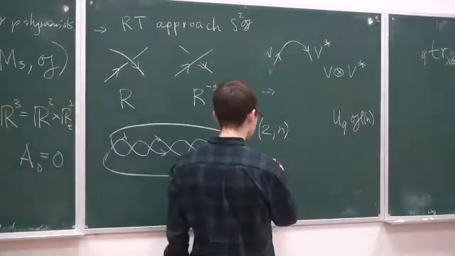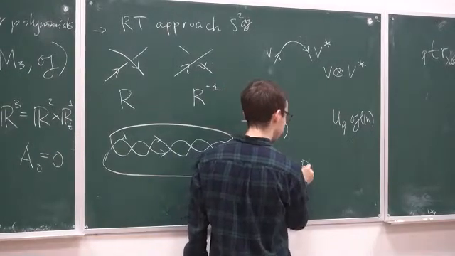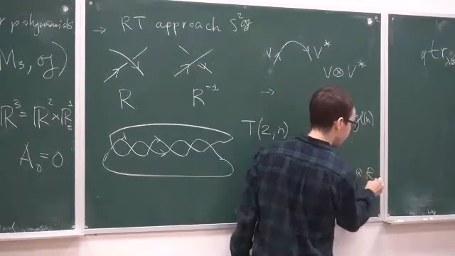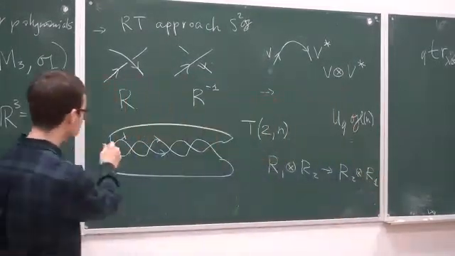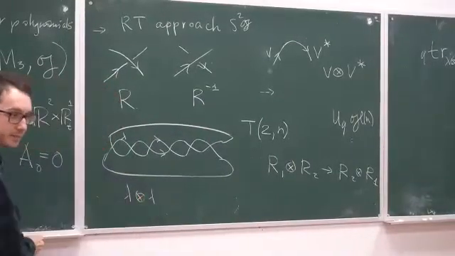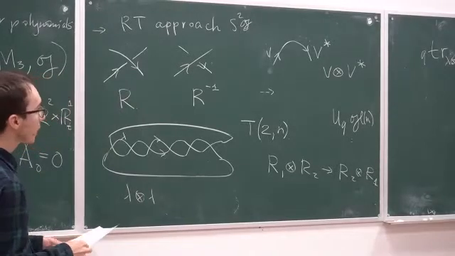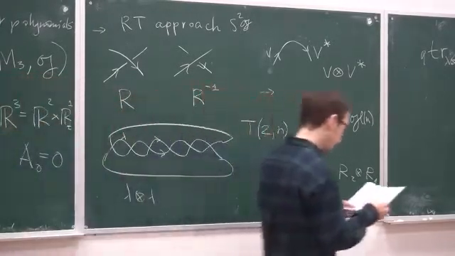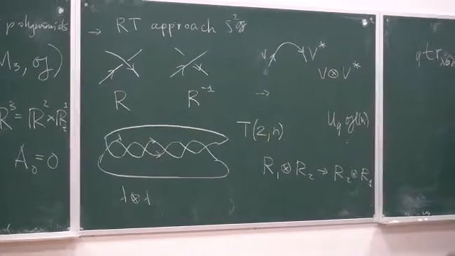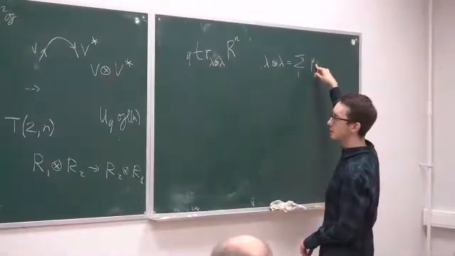In particular, our matrix actually acts from any two representations R1 times R2 to R2 times R1. But in this particular case, we choose lambda times lambda. And then our matrix acts by some eigenvalue in each representation.